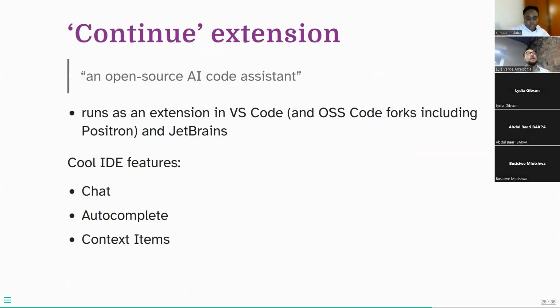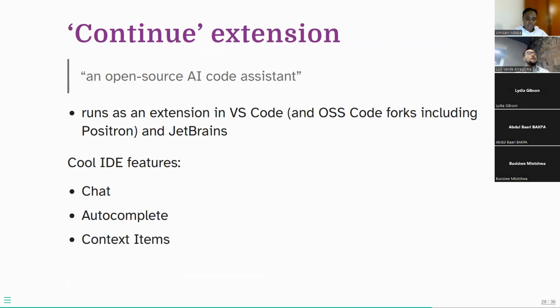Continue is an extension for VS Code, the IDE, but it works in other forks, including Positron, which is this new IDE from Posit, the people that make RStudio. It's an extension that we install into our IDE and run.